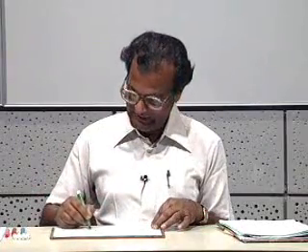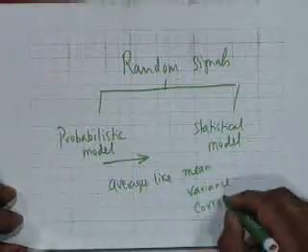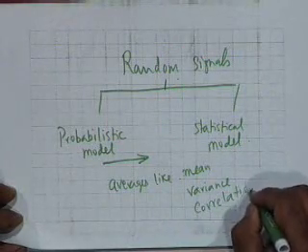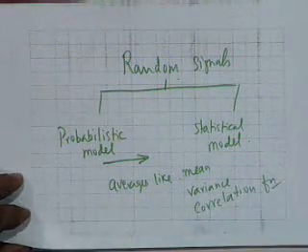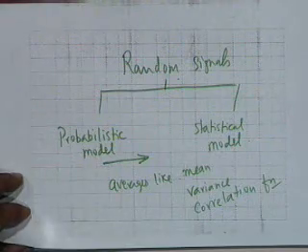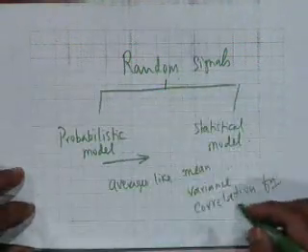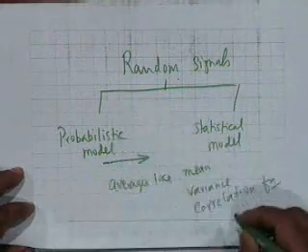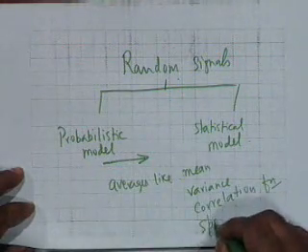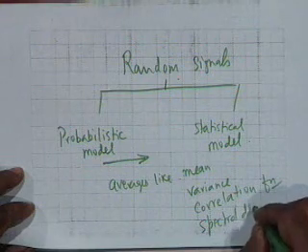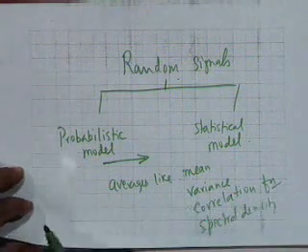Mean, variance, then there are functions, then there are statistical measures like the correlation function. We will talk about this. We talked about the frequency spectrum. In the probabilistic model, we can talk about spectral density. Have we introduced this term already?